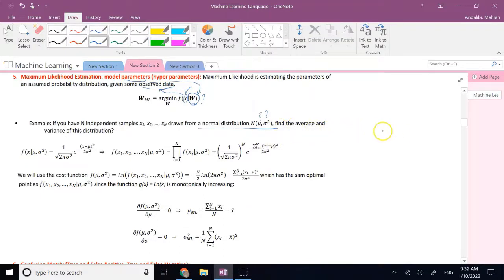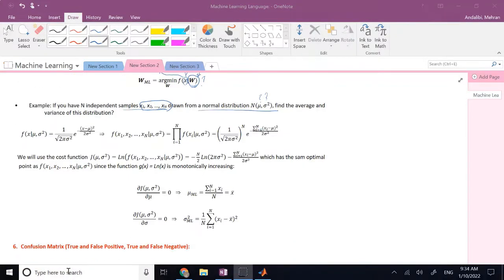From this distribution of the outputs, I'm going to take a bunch of samples, a bunch of observations, x1, x2, and xn. The question is, could you tell me what was the mu, what was the variance or sigma squared of the model, just based on a limited number of observations, right? How can I do that?